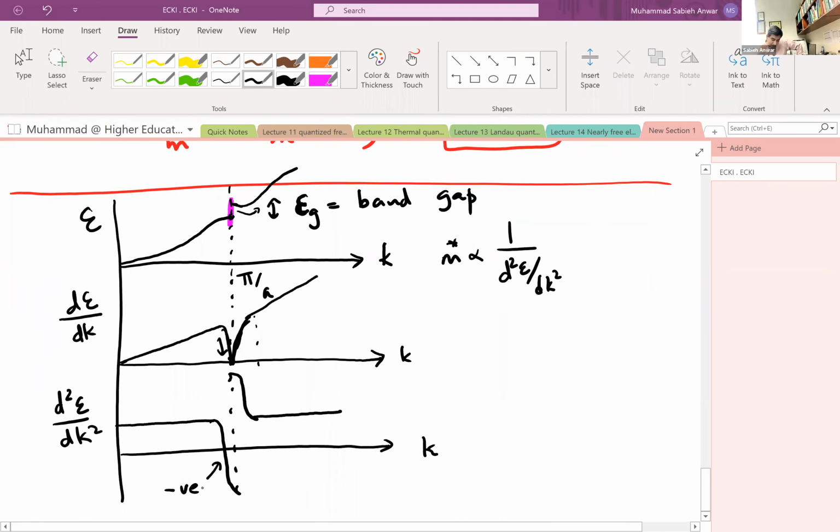The effective mass can be totally different from the real mass, and the effective mass keeps on changing with the wave vector of the electron. So depending upon the wave vector of the electron, the effective mass is going to be different. And that effective mass is going to accelerate the electrons differently in response to electric fields.